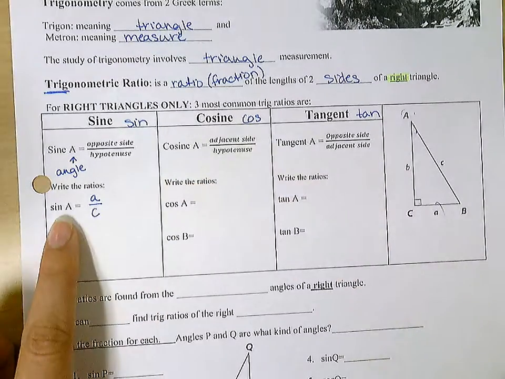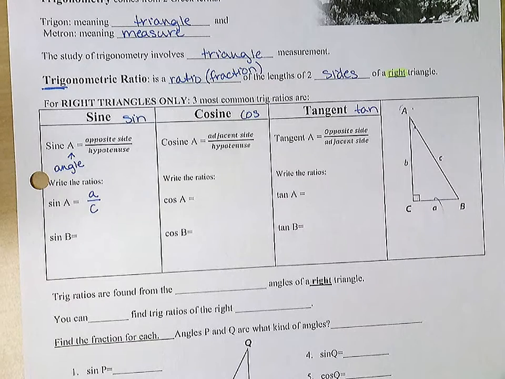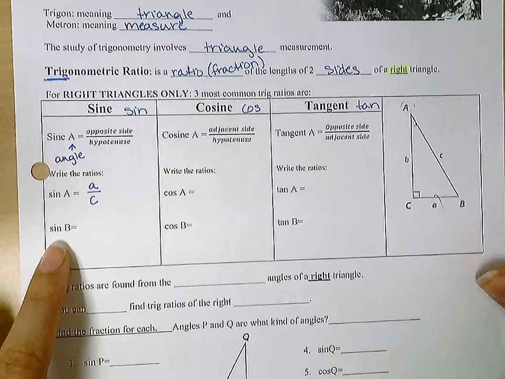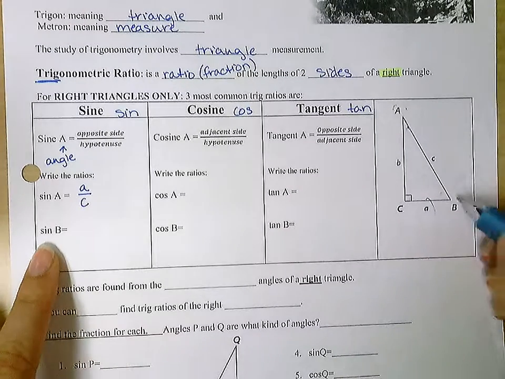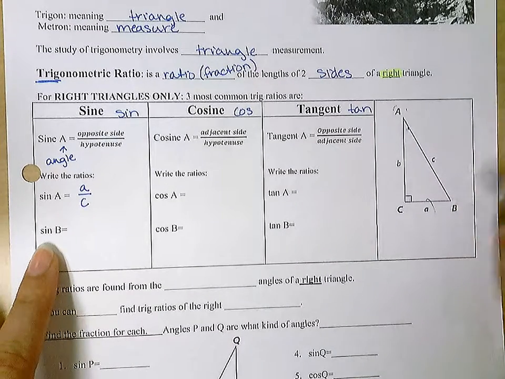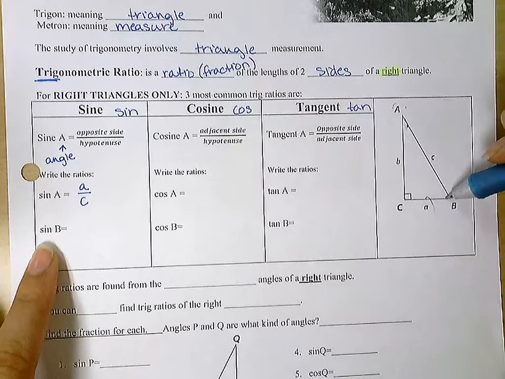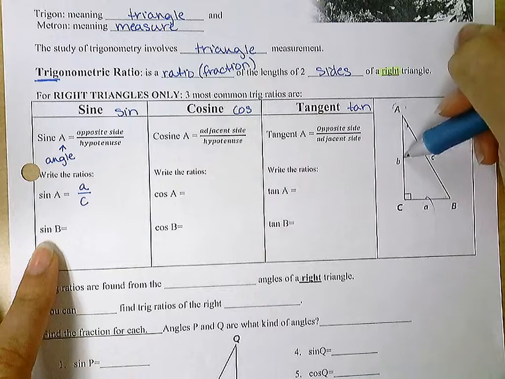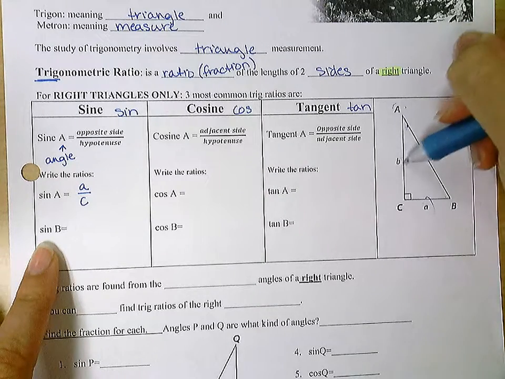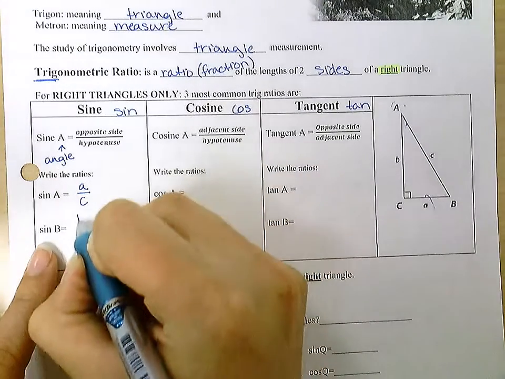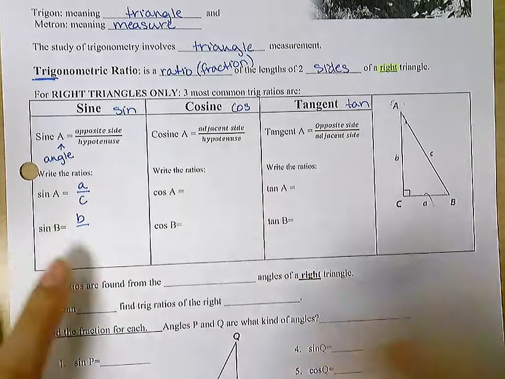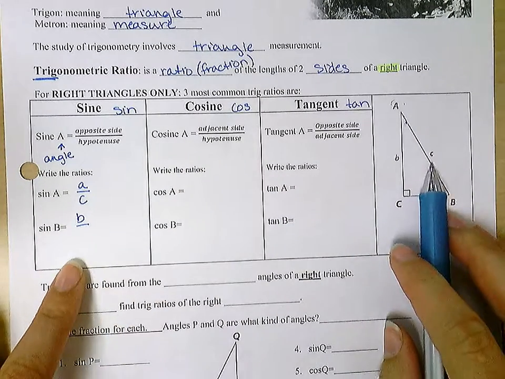So the ratio for sine of angle A would be A over C. Now we also want to find the sine of B. This time you're starting at angle B. I need the opposite side from that angle, which would be lowercase b, over the hypotenuse, which again is C.